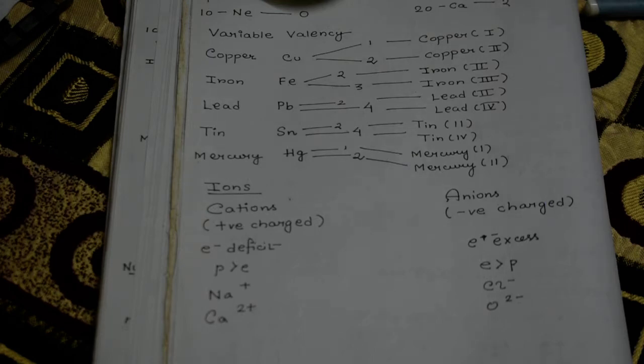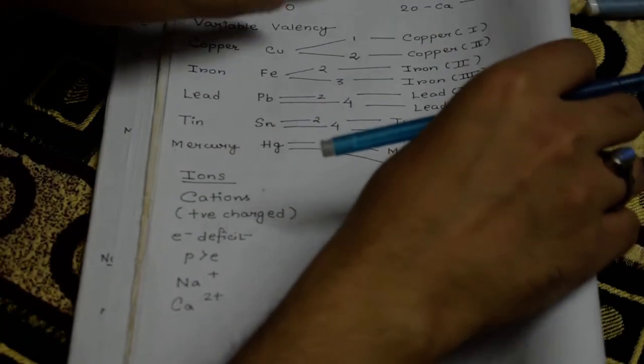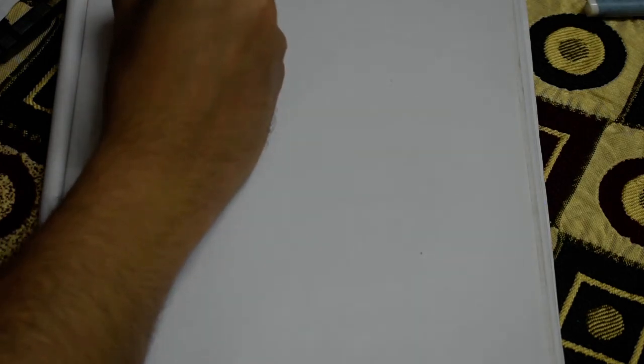In your book you should also find that there are a lot of cations and anions whose charges are mentioned. You need to know these charges as well. Like for the hydrogen ion, sodium ion, potassium ion, that's H plus, Na plus, K plus.